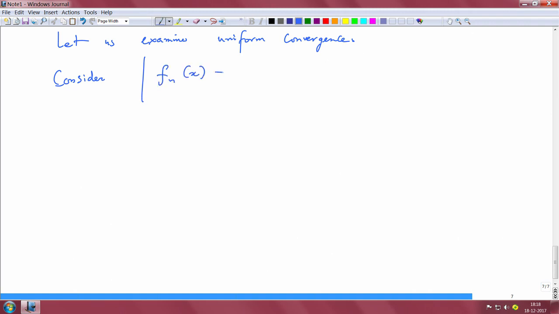Now let us examine uniform convergence. Okay. For this, let us consider the absolute value of Fn(x) minus this limiting function f(x), which is Fn(x) minus x, right.